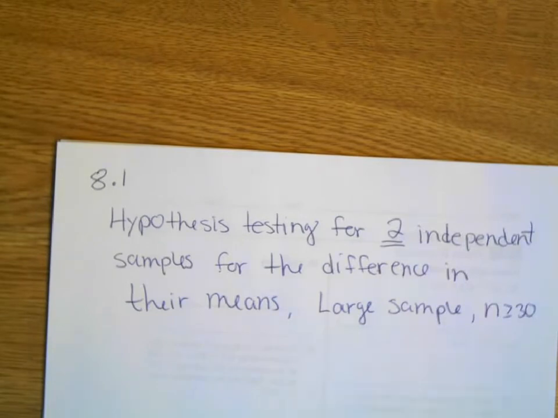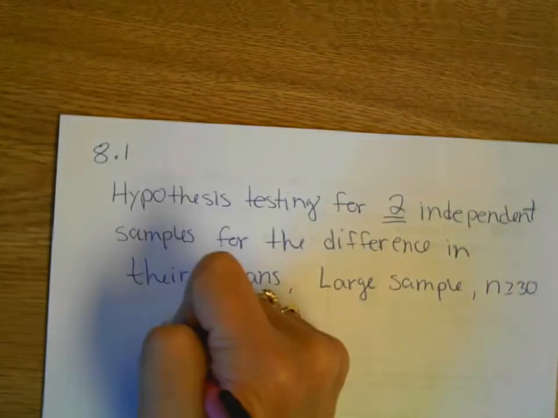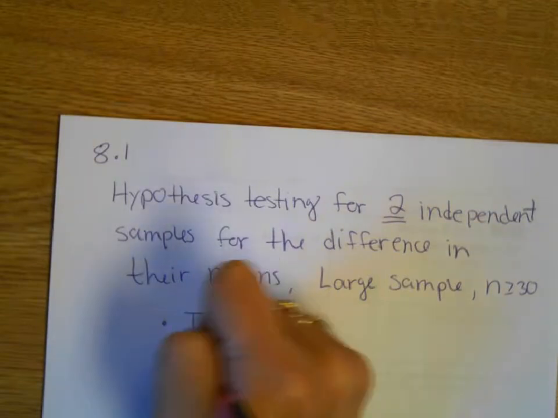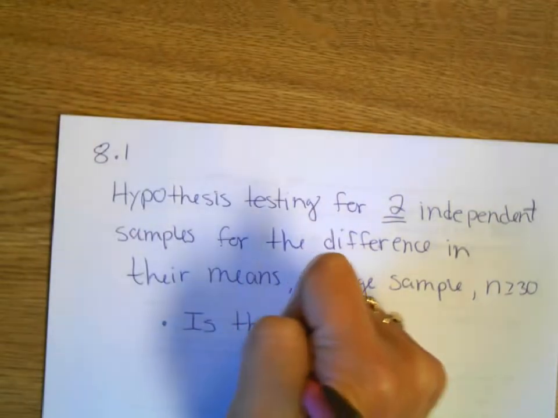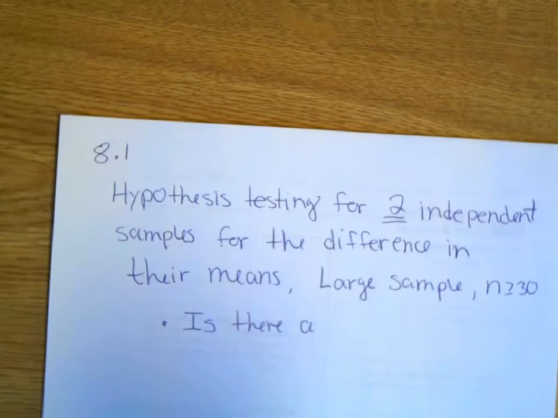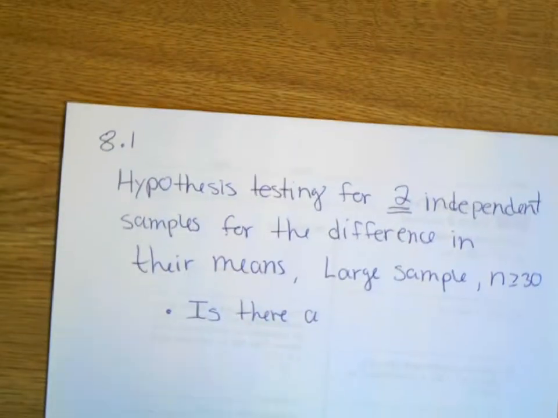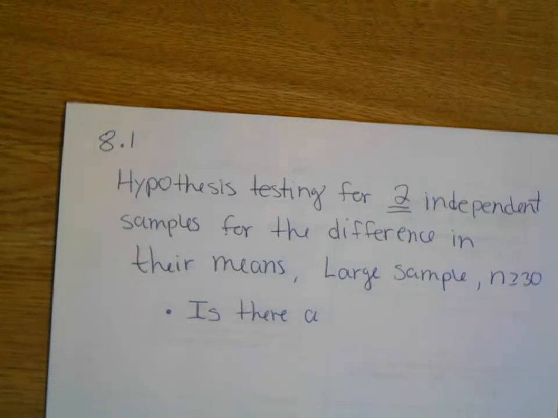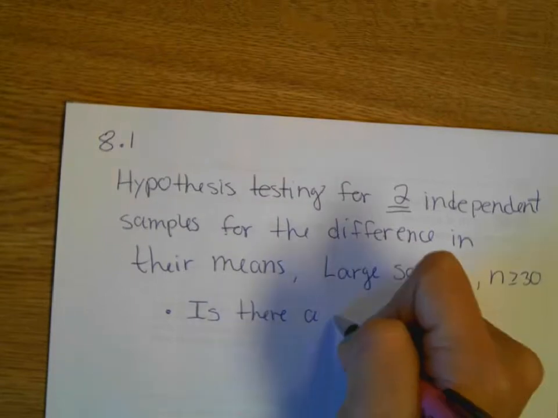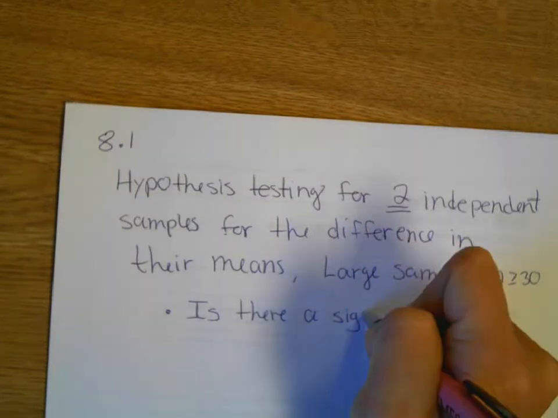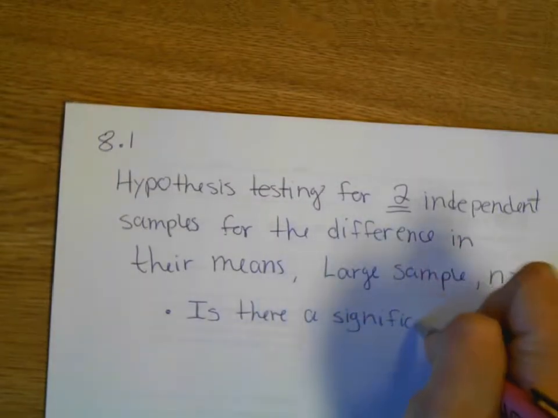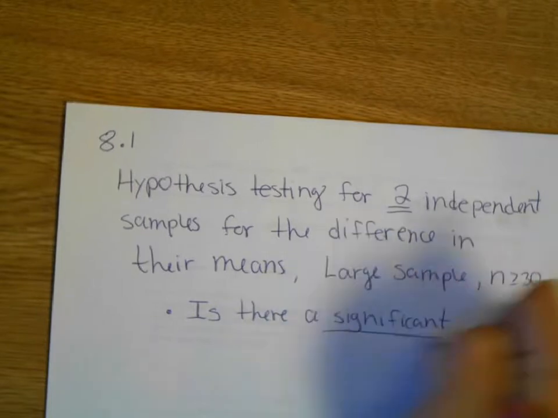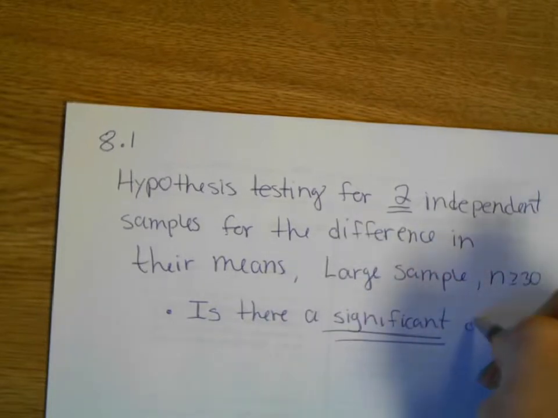So when we do the hypothesis testing, we're basically answering the question, is there a significant difference? Because yes, every population is going to be slightly different from each other, but is that difference significant enough to put one out in the tail of the other one? Is there a significant difference?